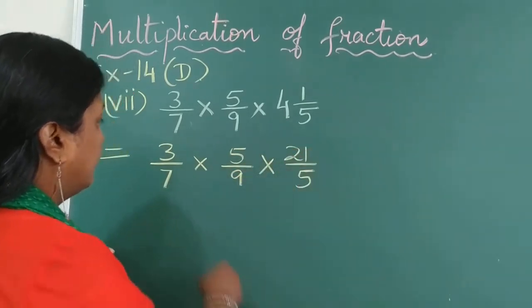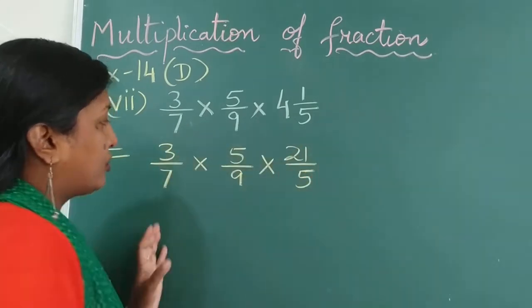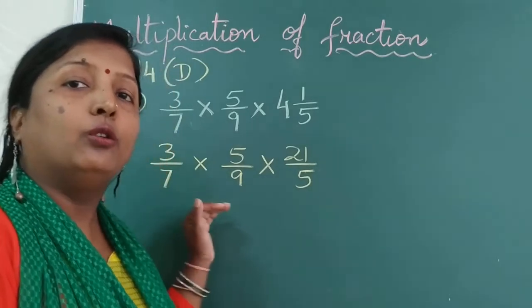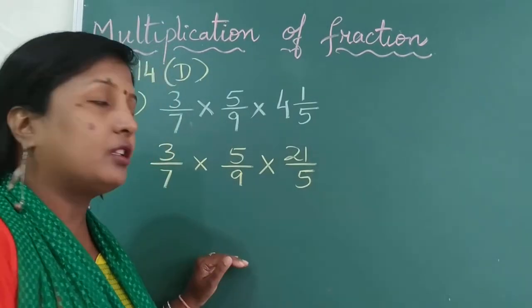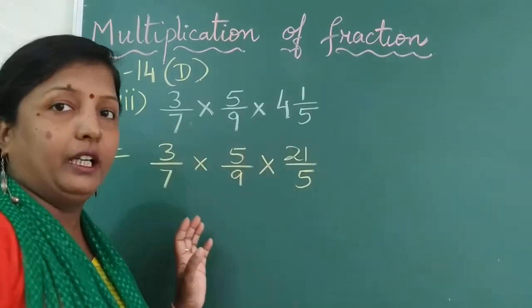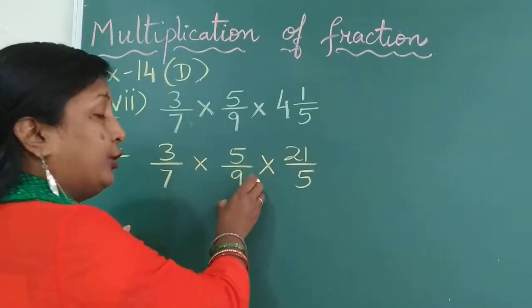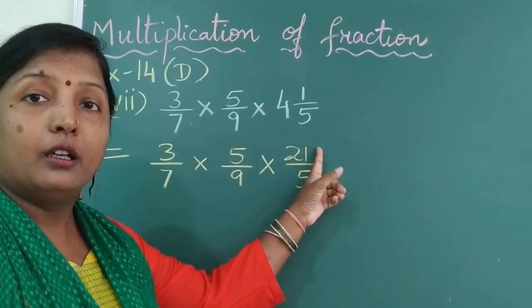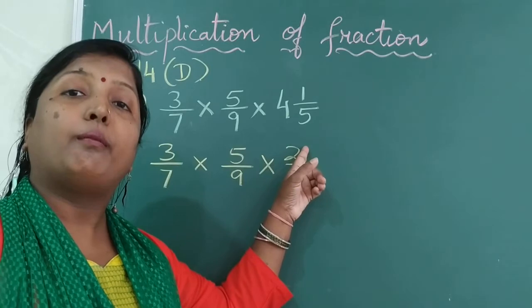Now let us start. The most common thing you can see, children, is that what you are actually doing is converting to lowest term. Now while converting to lowest term, the rule is you can divide any numerator with any denominator. A numerator and a denominator are divided, but you cannot divide a numerator with a numerator because numerators are multiplied.